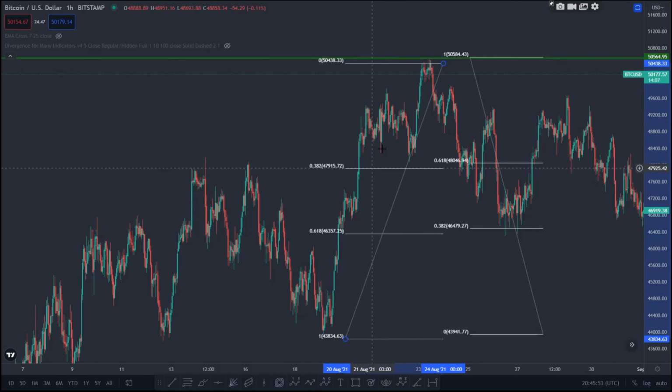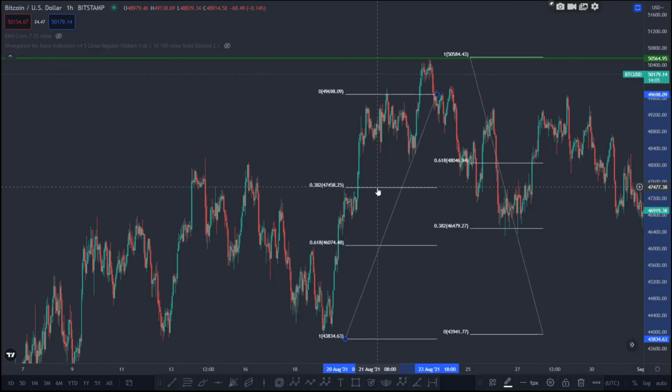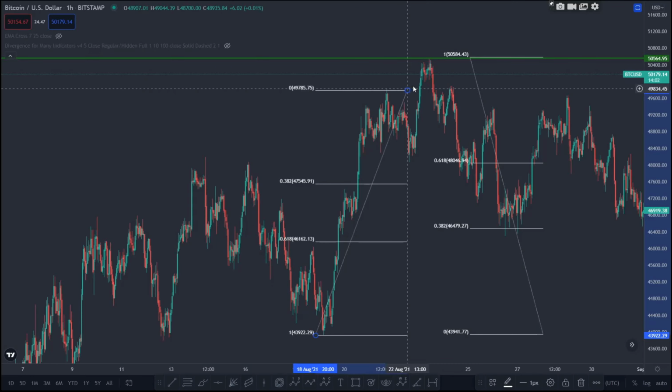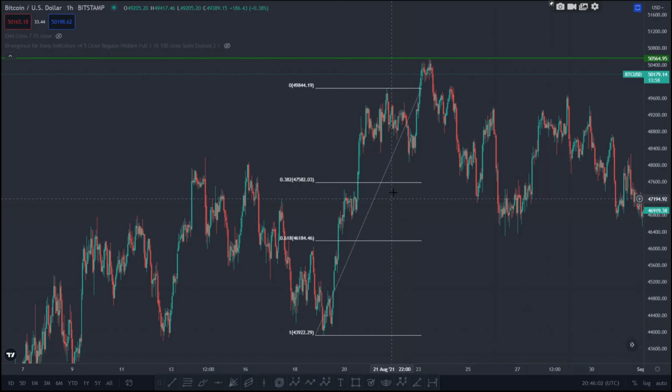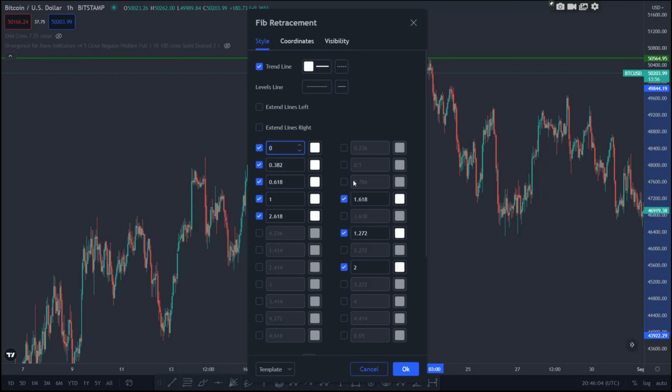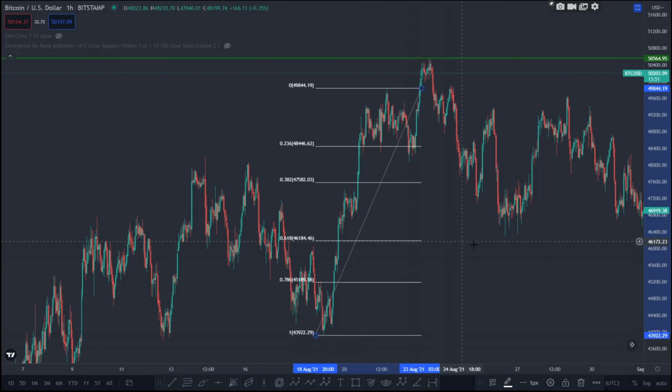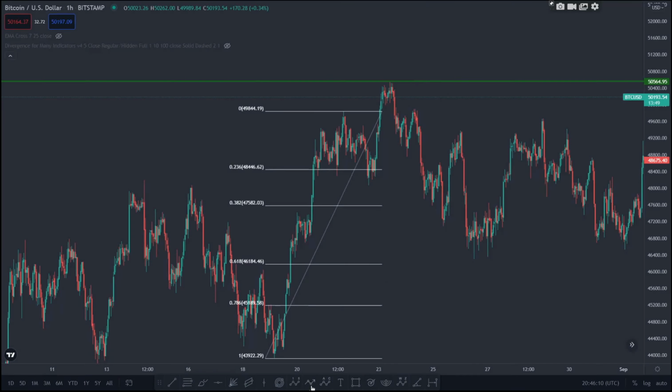Let's see, where is mine? Out there. Okay, so we can also see what it does when using this line. Okay, so we just add some more levels right there, and you'll see that the price is getting supported by this area.